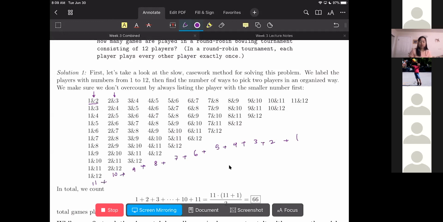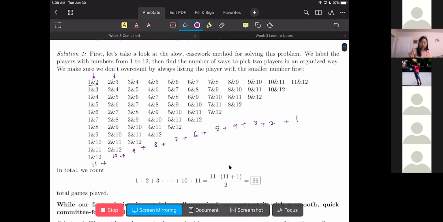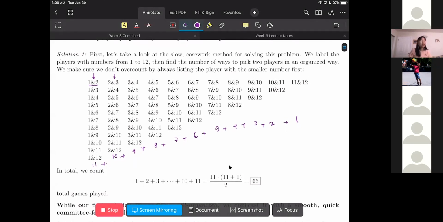Do you all remember from the first lecture how to sum these up? Yeah, there was a formula for it. So basically, when you have a sequence like this, 1, 2, 3, all the way to say n, the way we sum it up is we can pair these numbers together.